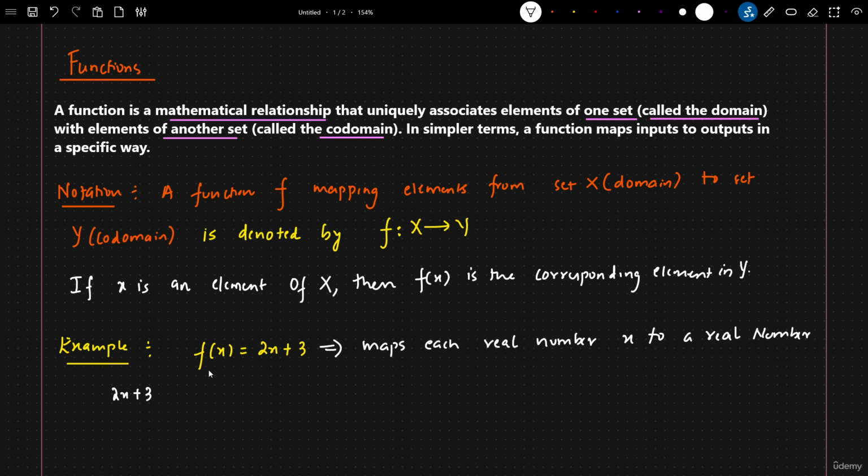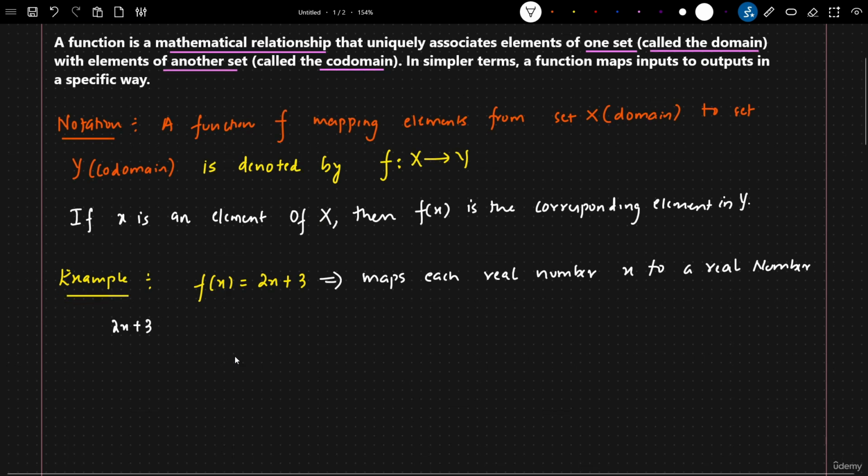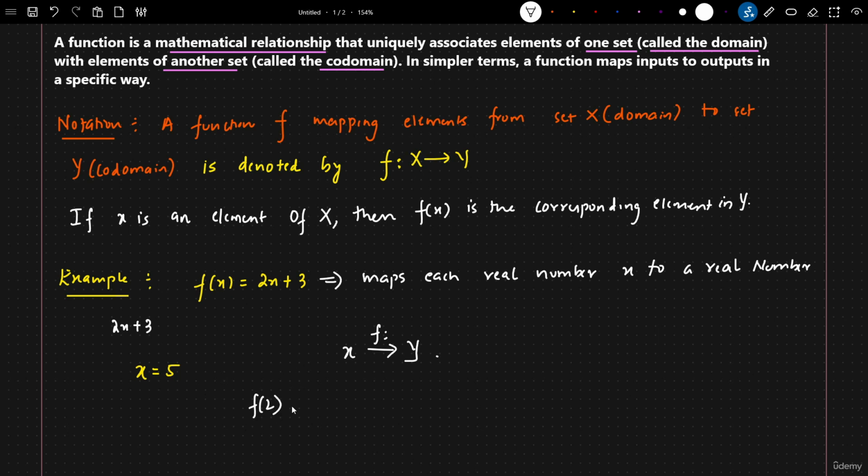Whenever we use this particular function, let's consider that I have some x value as 2. This x is getting mapped by the function to y. So once I place 2 in this function, we get 2 times 2 plus 3, which is nothing but 7.